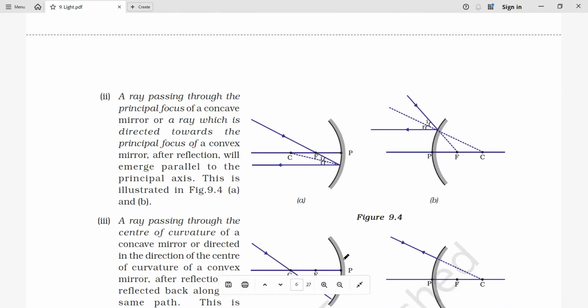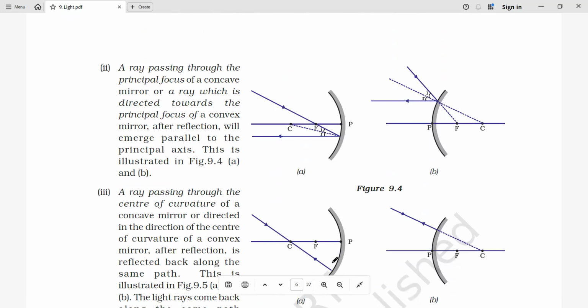Now the second one is what? If the incident ray is going to pass through the principal focus, in which mirror? Concave mirror. Whereas in case of convex mirror, it is going to appear that it is directed towards the principal focus.